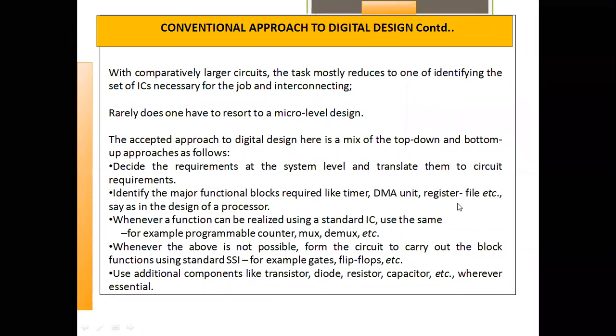We have to use additional components such as transistors, diodes, resistors, capacitors, etc.